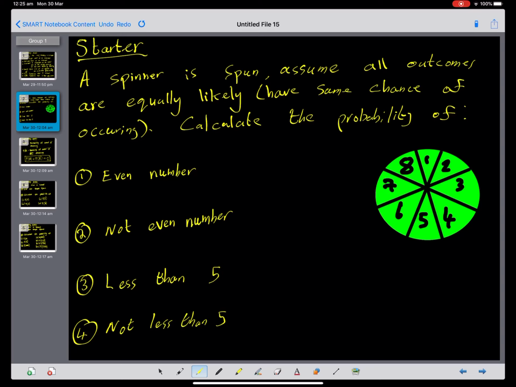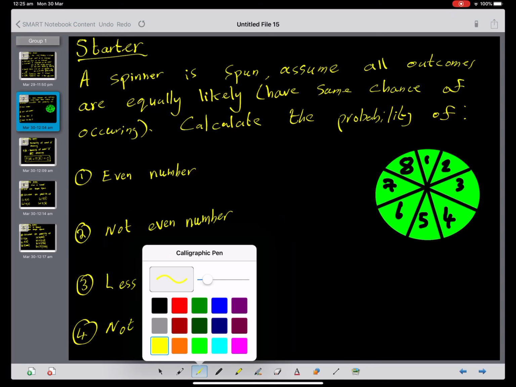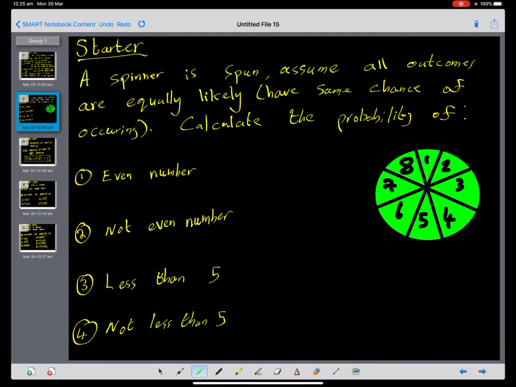Okay, so hopefully you've done that now. So let's go over this question very quickly. The probability of getting an even number, we write that probability even. Okay, well, 2 is even, 4 is even, 6 is even, and 8 is even. So that is going to be 4 over the total number, which is 8, which is equal to half.